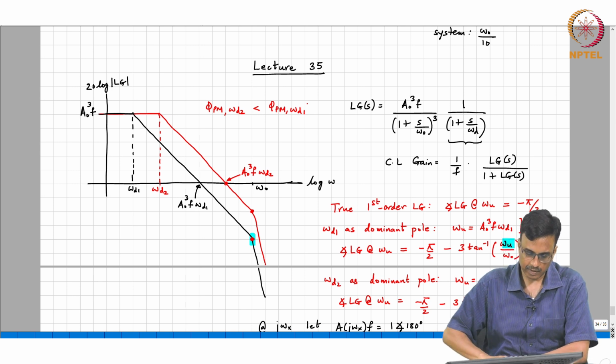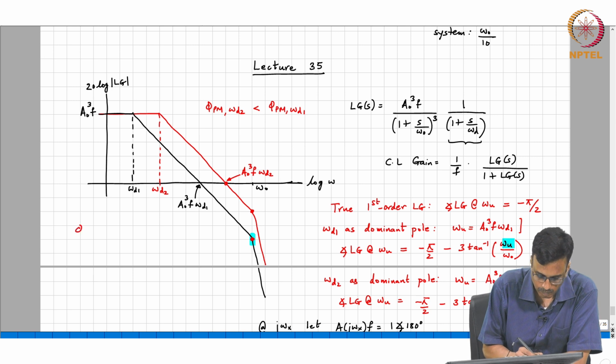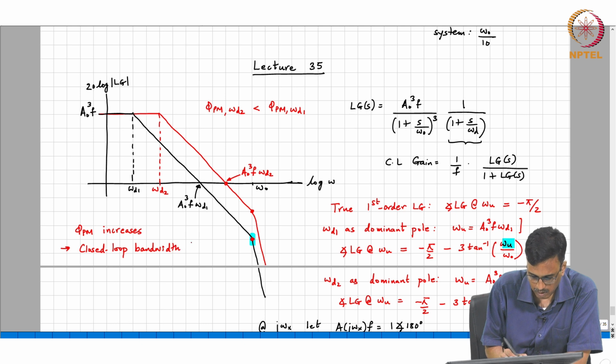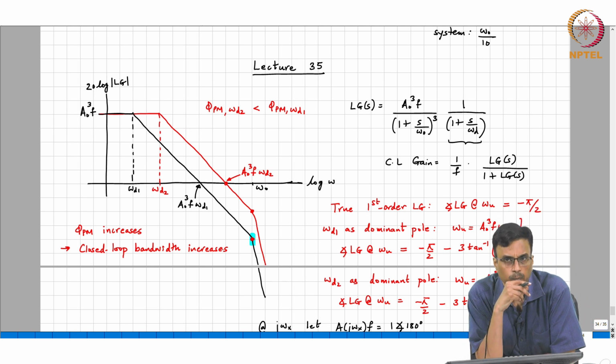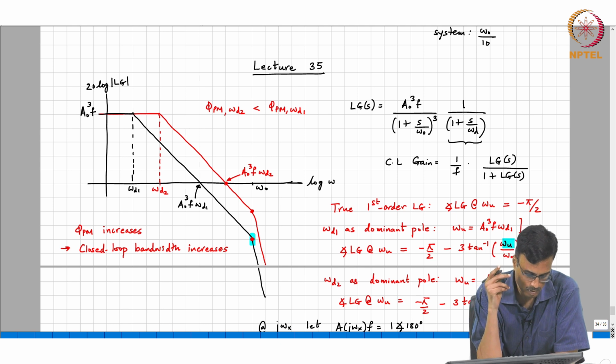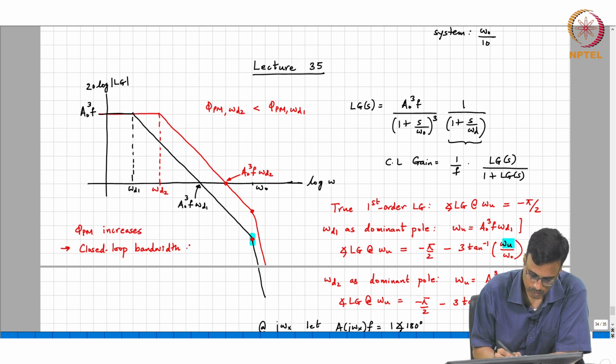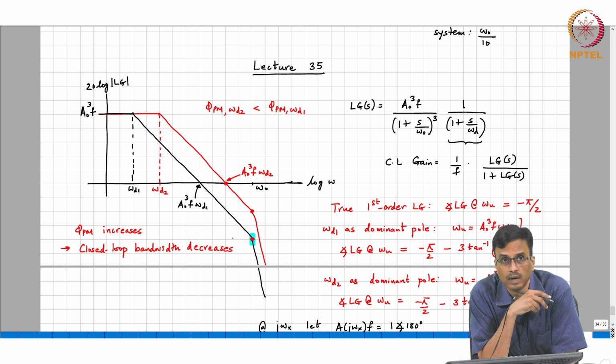So, phase margin decreases, closed loop bandwidth increases. Does it make sense, people?